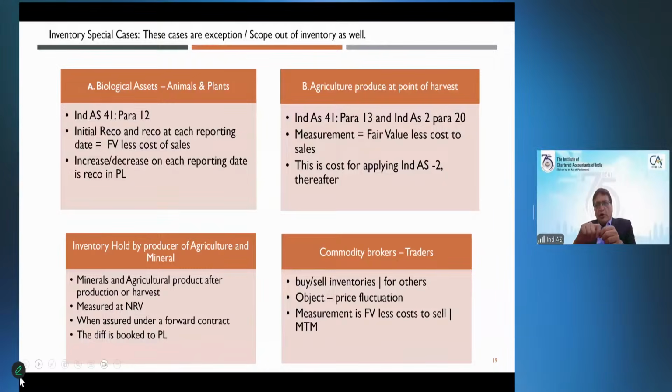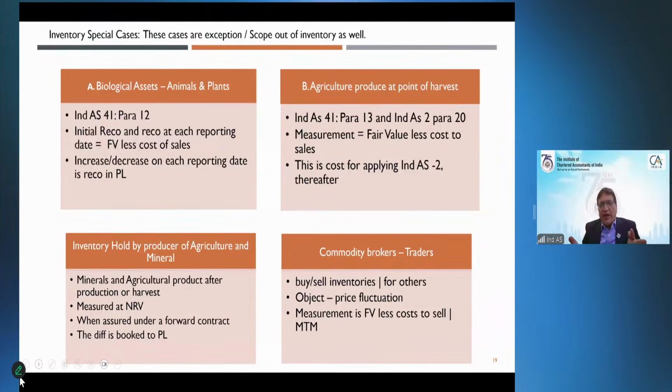Harvesting means you detach that particular produce from where it grew. You'll harvest the produce from the crop which you have grown, right? Ind AS 41 says that at the point of harvest, the wheat or the produce which you have detached or harvested is to be recognized in the books at fair value less cost to sell.